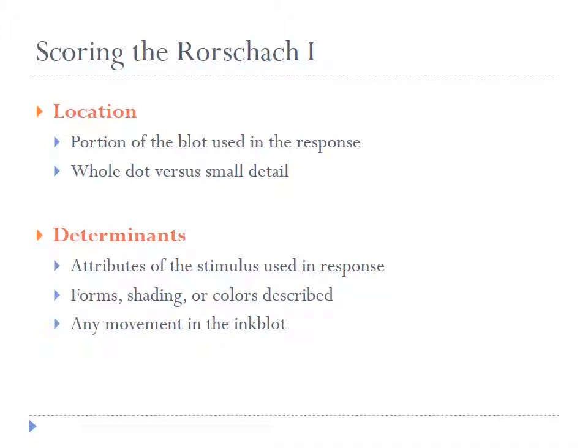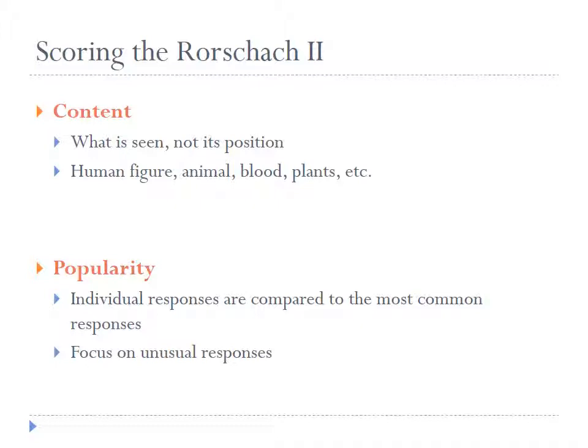Did they use any attributes of the stimulus, such as the shades of the colors, the brush strokes, or lines and symmetry of the image? Do they see any movement in the picture? Or is it a static object being observed. You also could look at content. What is it that they see?